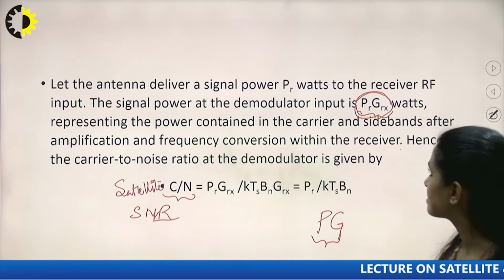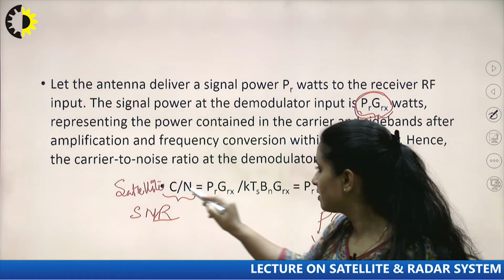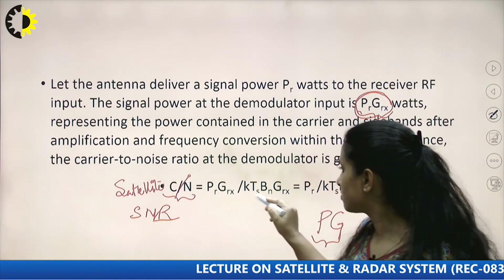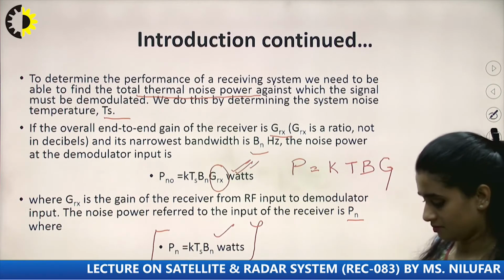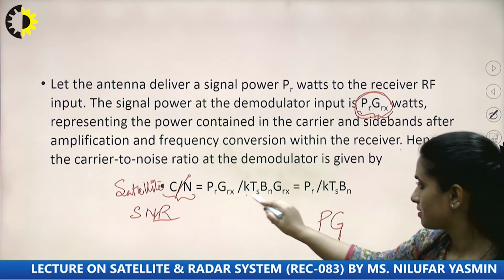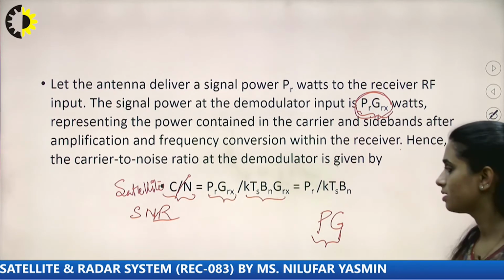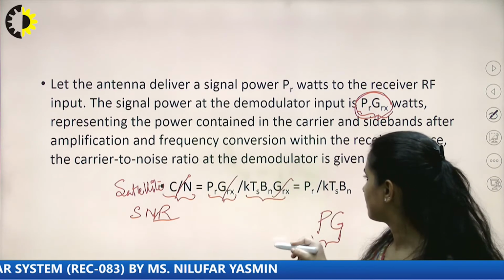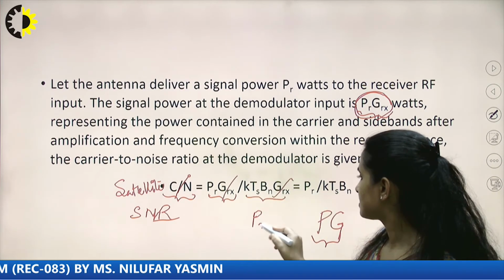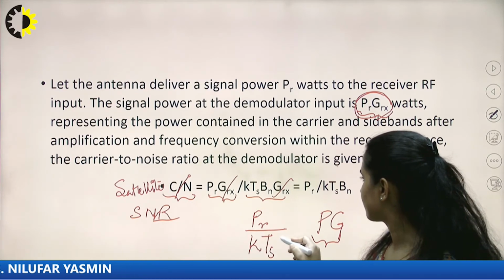When some power is dissipated, this much is received, this is the carrier power. And what is the noise power? Noise power we calculated here, right? So carrier power upon noise power, and here we can see that it becomes received power by these left out terms only.